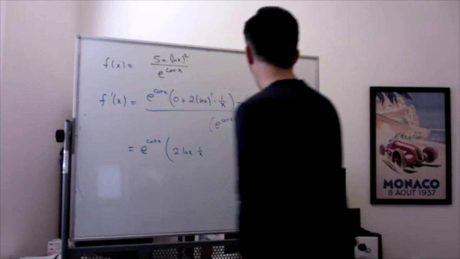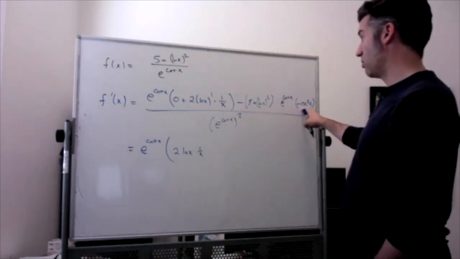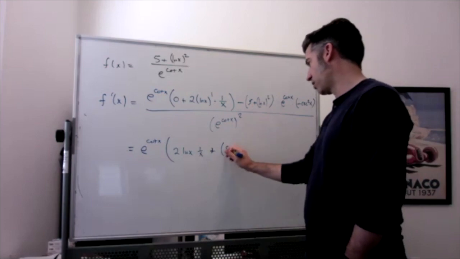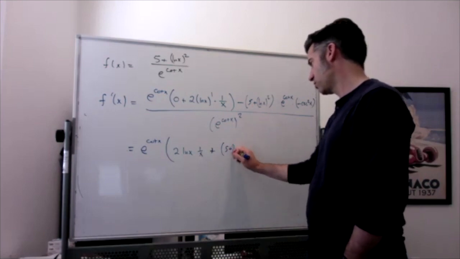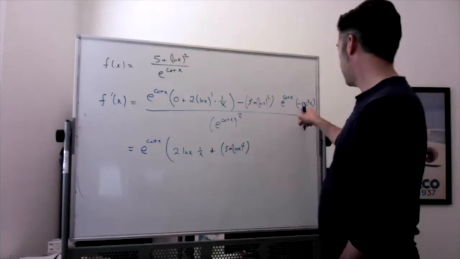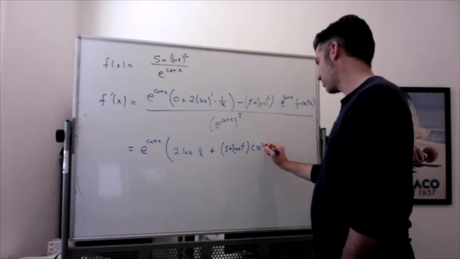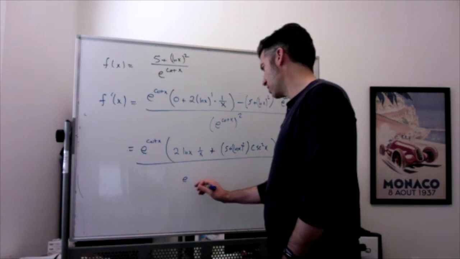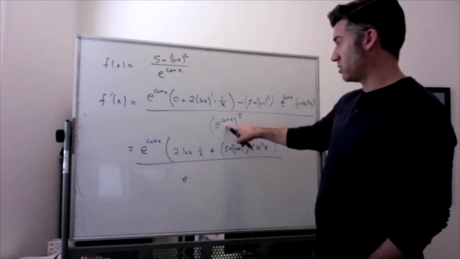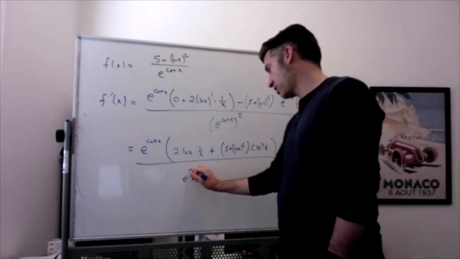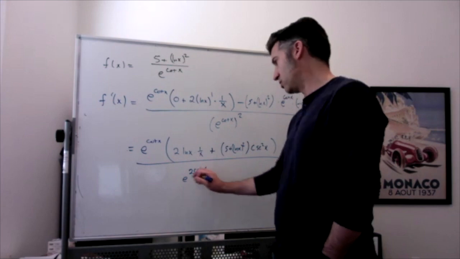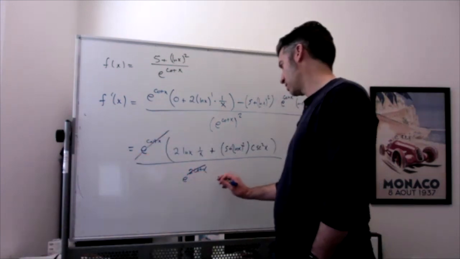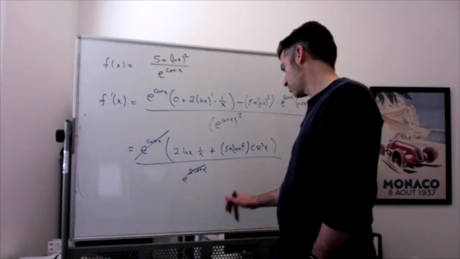And here you have a minus, so a plus, 5 plus natural log of x quantity squared times cosecant squared x, divided by e to the, when you have e to the cotangent x squared, it's e to the 2 cotangent x. So then you could cancel one of these with one of these and say it's just e to the cotangent x.